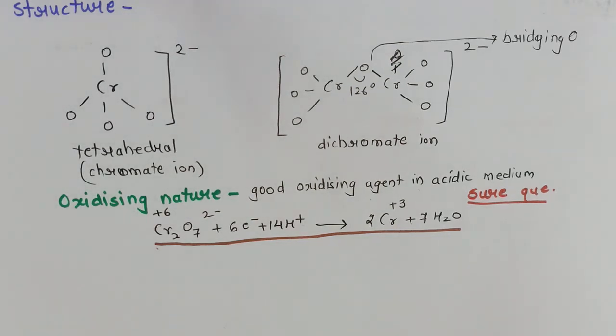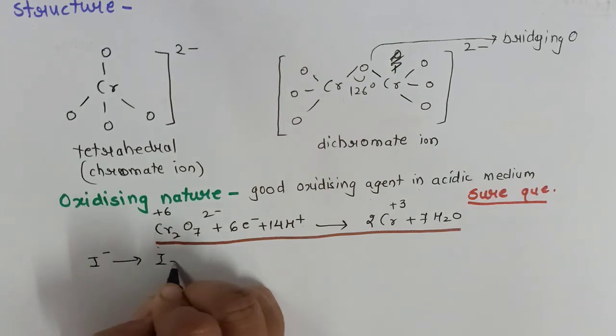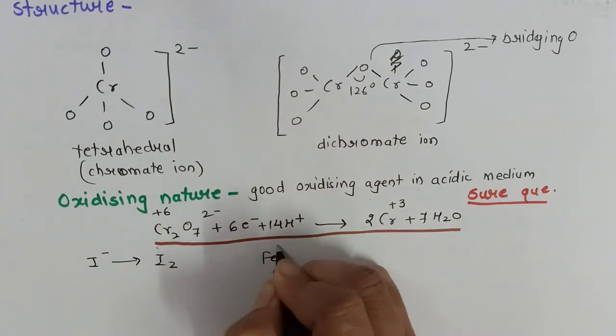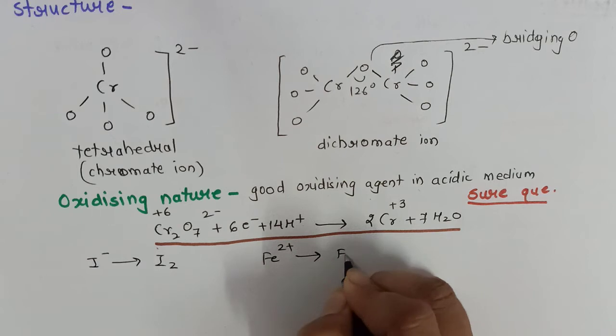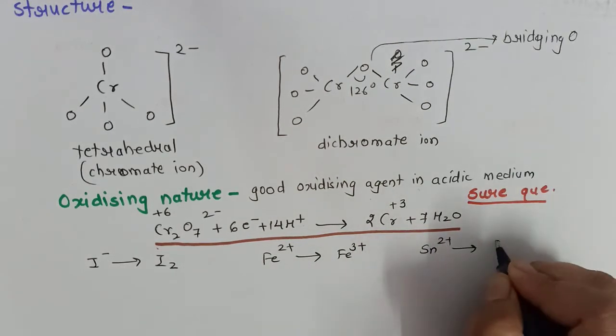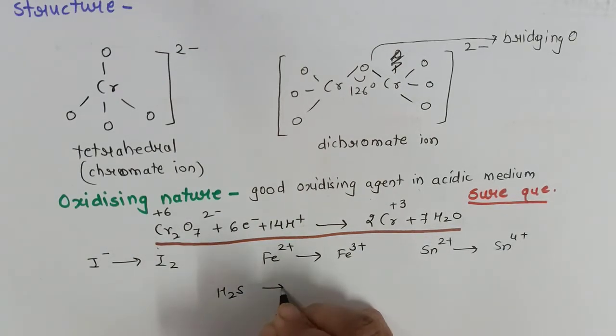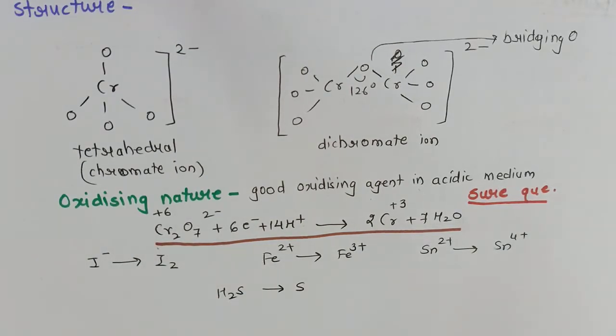Now, how does dichromate oxidize the species? It will oxidize iodide to I2, Fe2 plus to Fe3 plus, Sn2 plus to Sn4 plus, and it will oxidize H2S to sulfur. Now let us have a look at the change in oxidation number.